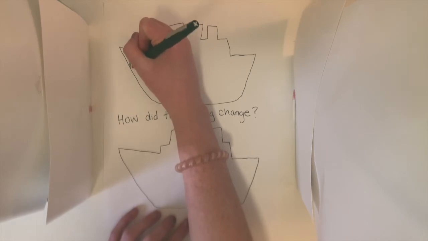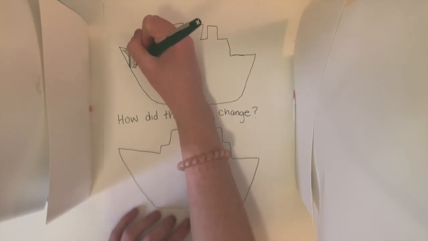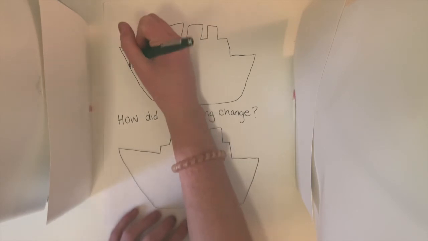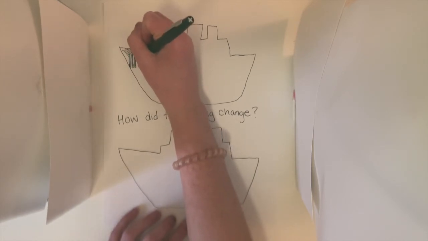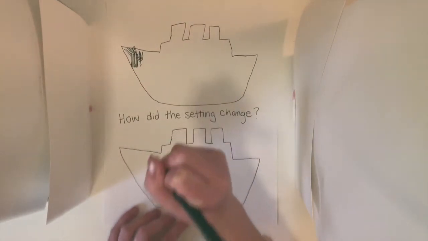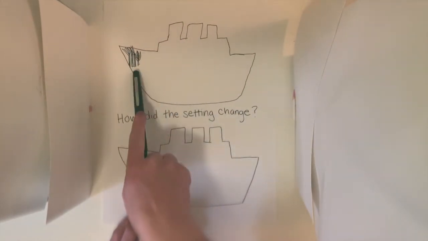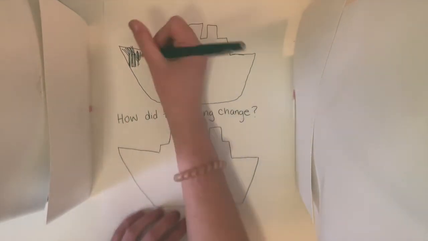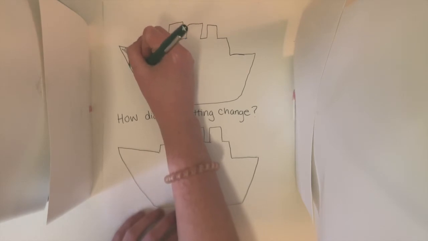Maybe I will draw some wheat, because that's something you might harvest. Maybe I'll draw some corn. Now remember, I'm not an artist, but I'm going to do my absolute best. And there's my harvest because our setting started in Italy. So then I'm going to write Italy.